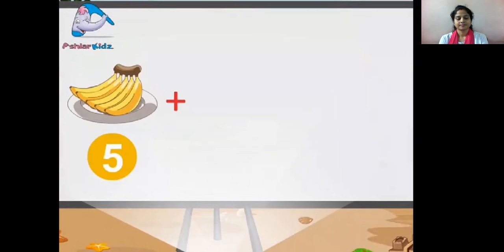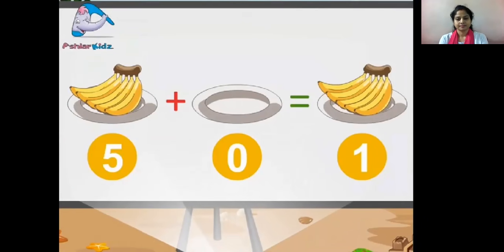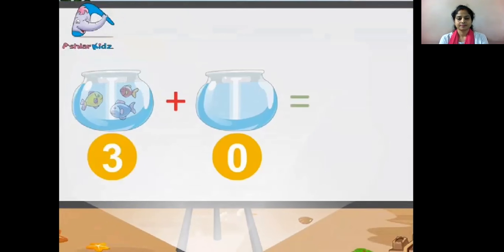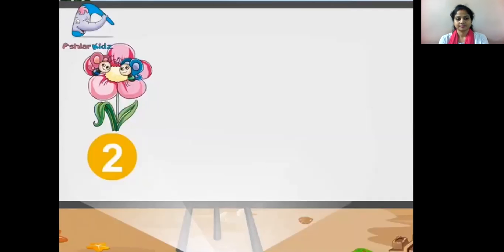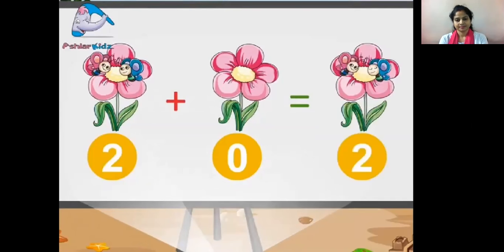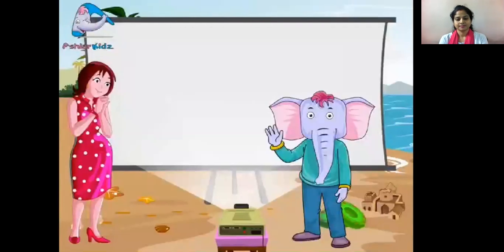Now let's see another example. 5 plus 0 is equal to 5. 1, 2, 3, 4, 5. 3 plus 0 is equal to 3. 1, 2, 3. 2 plus 0 is equal to 2. 1, 2. Hi kids, how are you today?